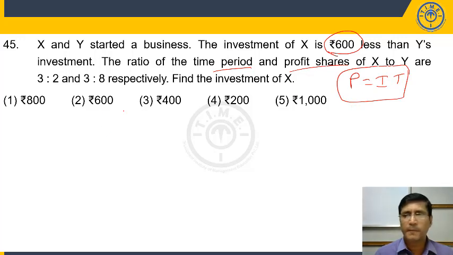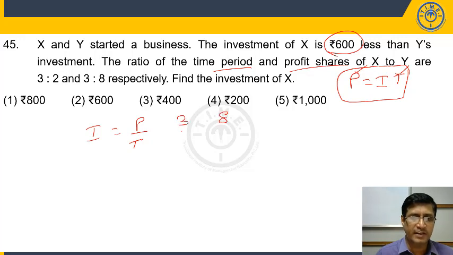So, here timings ratio as well as the profits ratio is given. So investments ratio we can find just by dividing the profit with the time. So what is the profits ratio? 3:8, whereas timings ratio 3:2. Simplify. Now what is the result? It is 1:4.